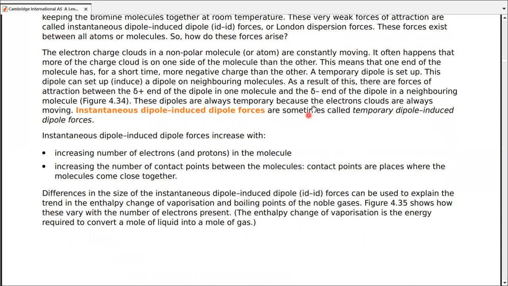How does that happen? Consider it like this. Let's say we have a neon atom, and you do understand it has two shells, and both of those shells are actually complete. Let's say 2 electrons over here, and then 8 over here.